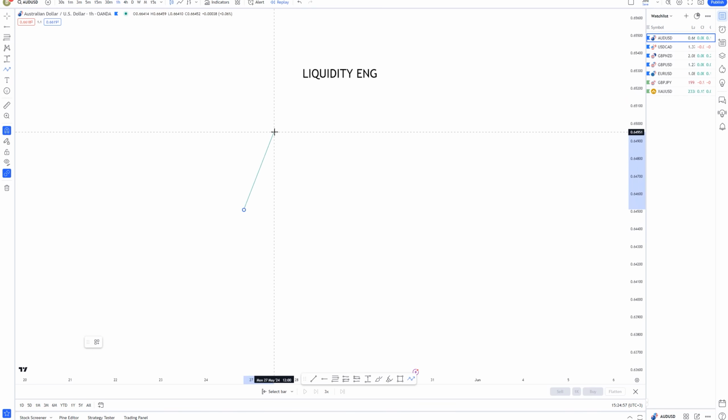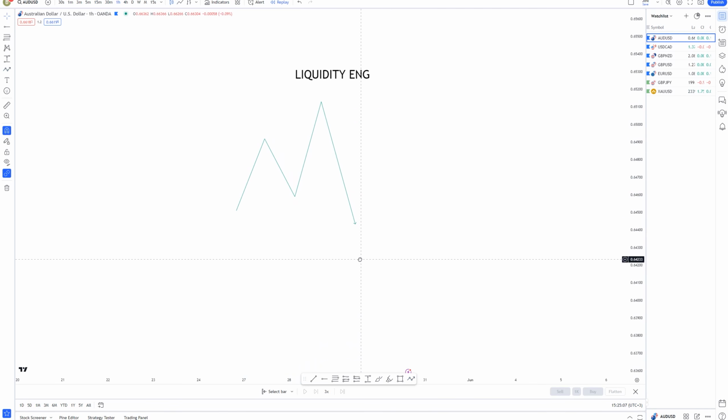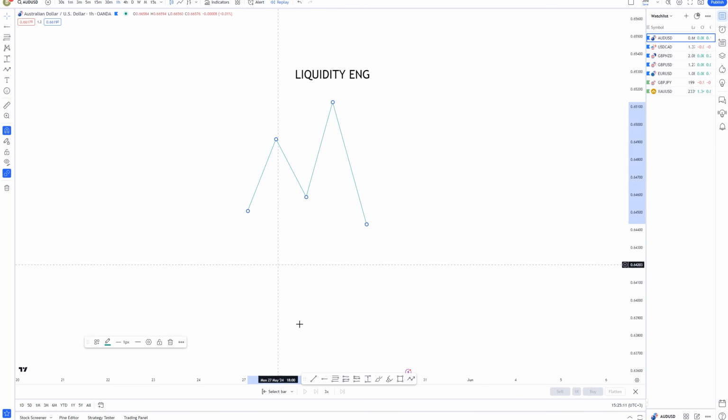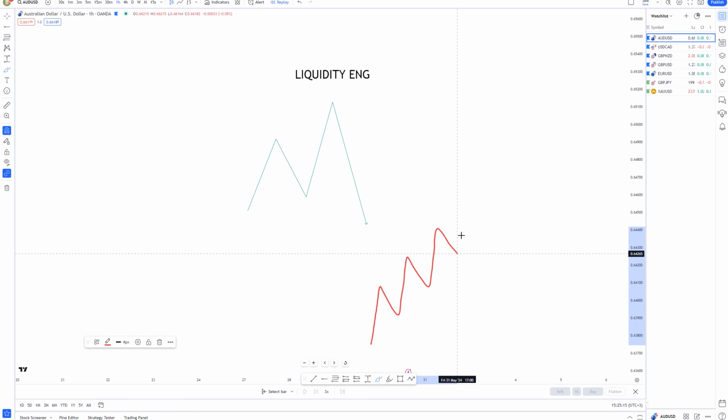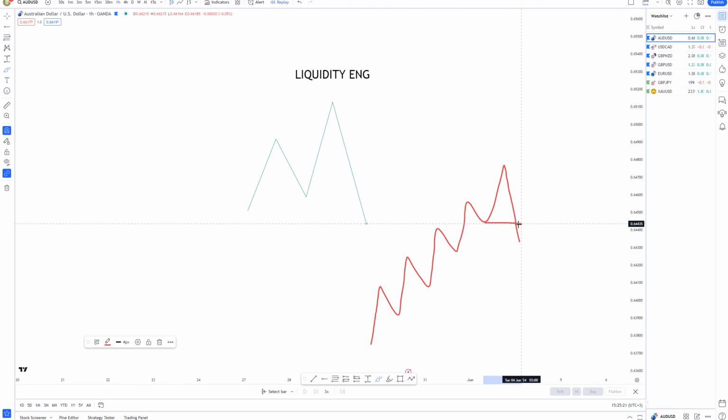We can say that liquidity engineering happens when the market breaks the structure like this, but also changes the market direction. So when you see the structure like this, maybe the market was in an uptrend like this, and then the market breaks this low here, maybe in a bullish market structure.